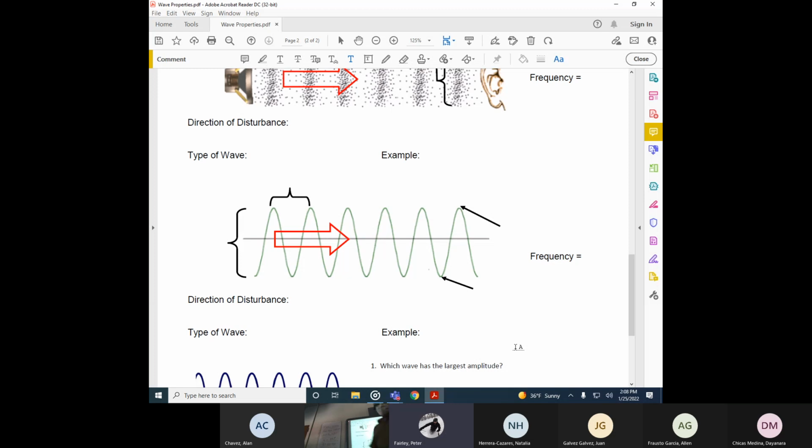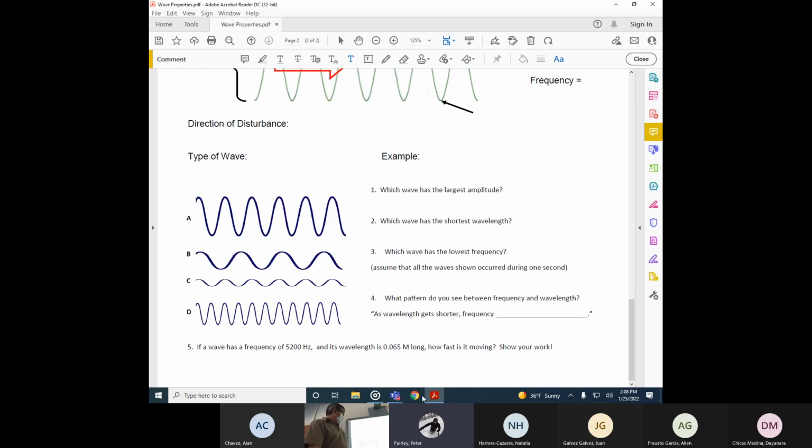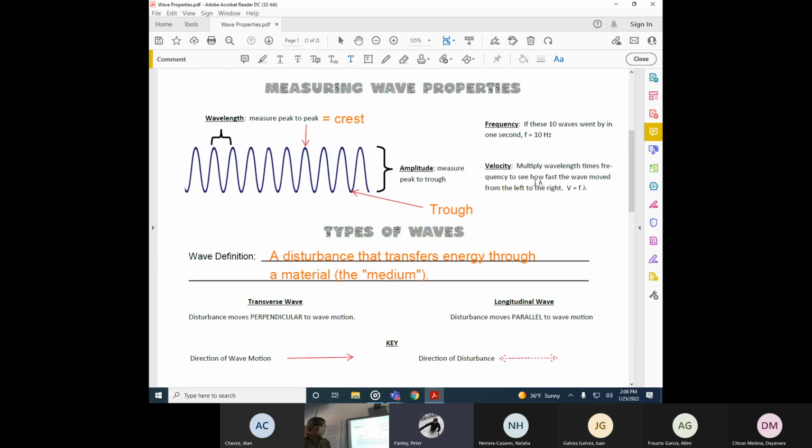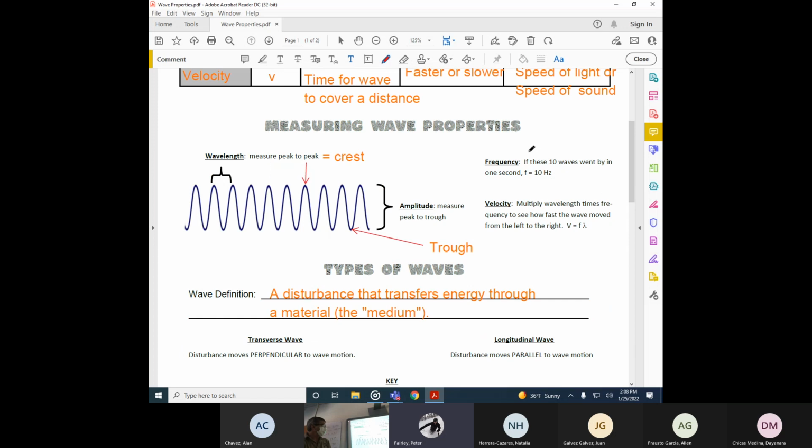All right, if you weren't sure how to do that last question, it gives you a frequency and it gives you a wavelength, and it's asking for how fast it is. If you go back to the first page, you're going to find an equation for velocity of a wave.